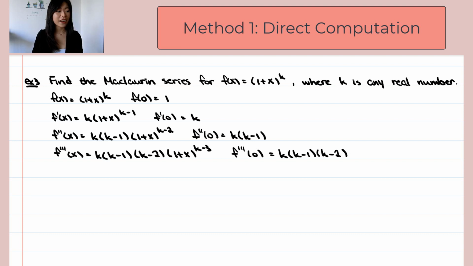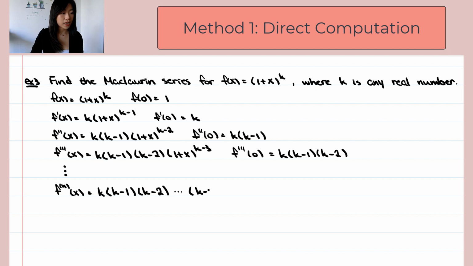Now we start to get to the pattern. So let's write out a general form for the nth derivative. We see that every time we take a derivative, we always multiply by the exponent from the previous derivative. So if we have the nth derivative, then we get k times k minus 1 times k minus 2 until we get to k minus n plus 1.